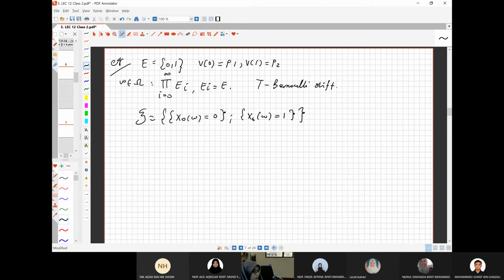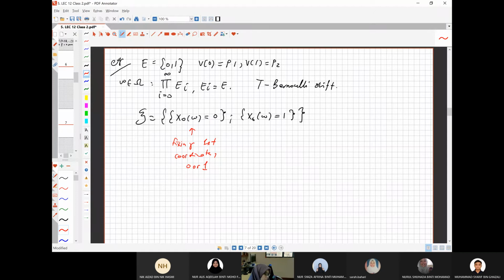Okay, coordinate function. So the main idea is I want to fixing first coordinate, okay, 0 or 1. So that means x0 omega is equals to 0.